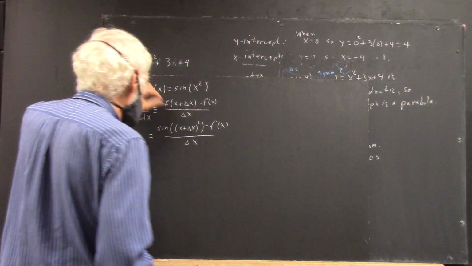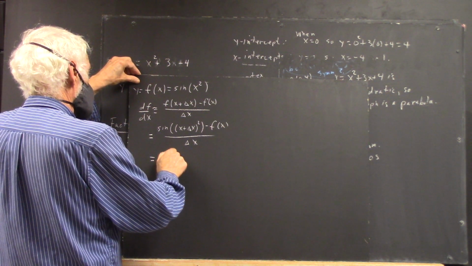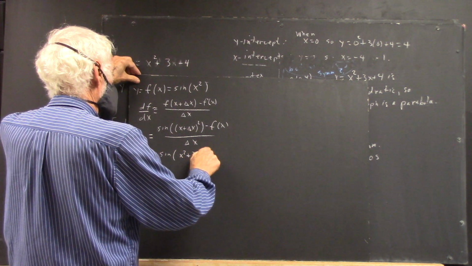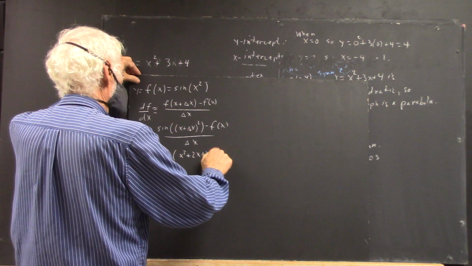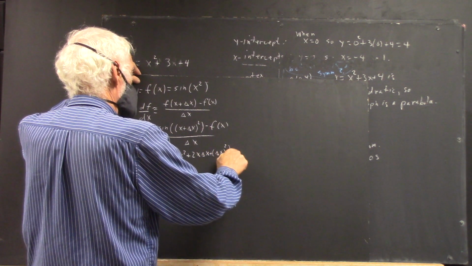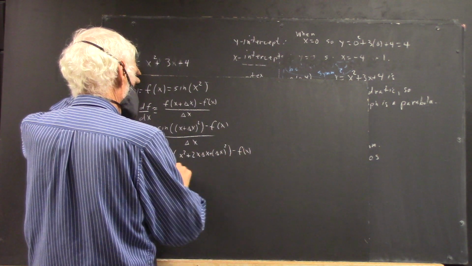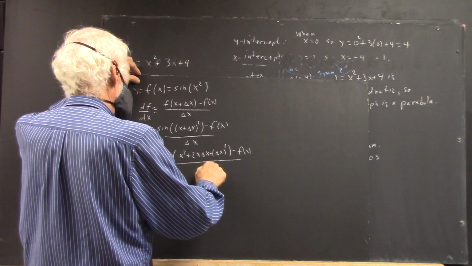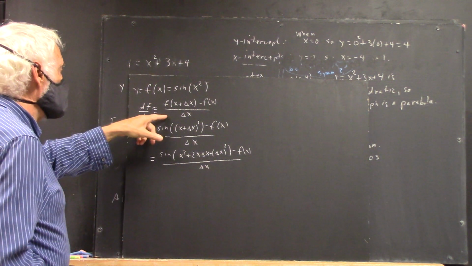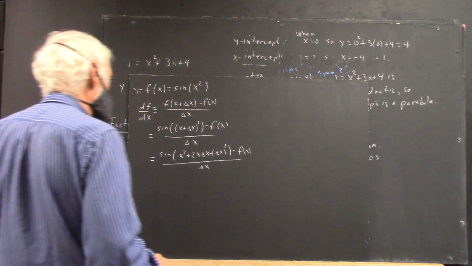Of course, x plus delta x squared is x squared plus 2x delta x plus the square of delta x, and then we have the rest of the expression for the approximate rate of change of f with respect to x, which is the approximate value of the derivative of f with respect to x.